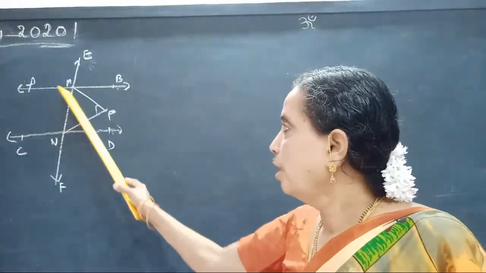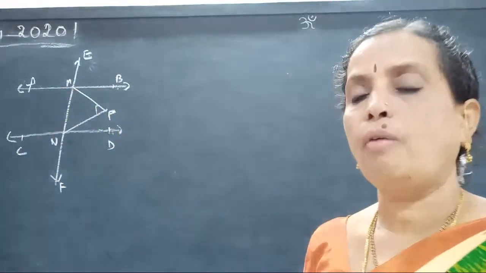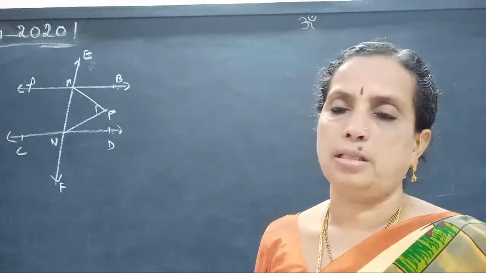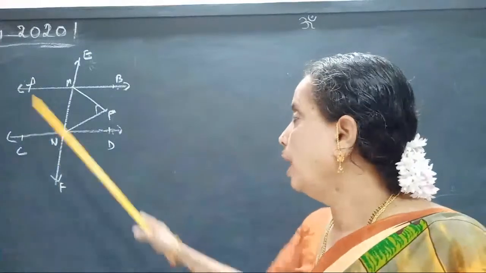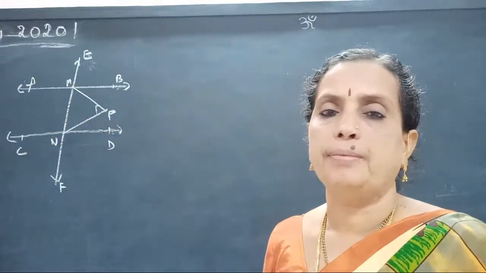Which are those? MP and NP are the bisectors of the interior angles. To prove angle MPN equals 90 degrees.